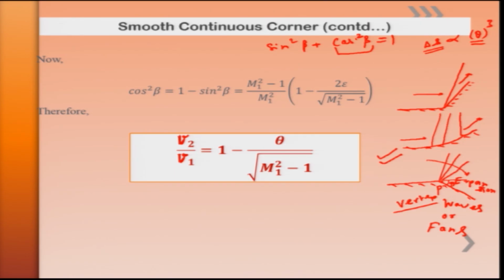That means in the case of centered expansion fans, the flow field is everywhere isentropic except at the vertex.